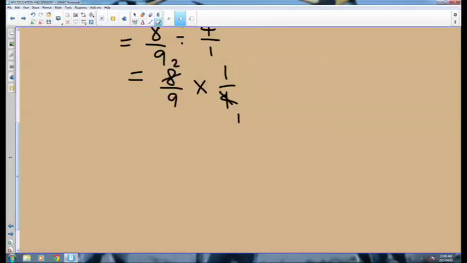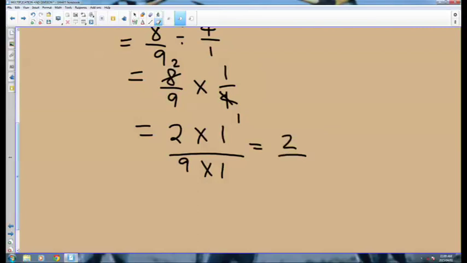And then we check, do we still have a situation where we can cancel the numerator and denominator? There's a 1 and a 9. In this case, there's nothing. So this will be 2 times 1 divided by 9 times 1. 2 times 1 is 2, divided by 9 times 1 is 9.